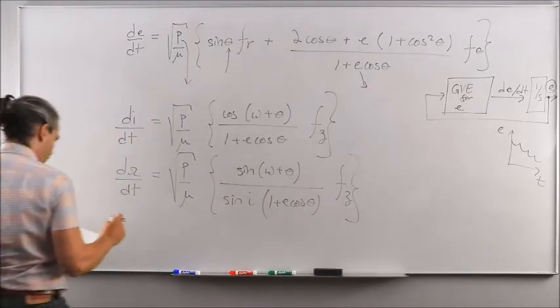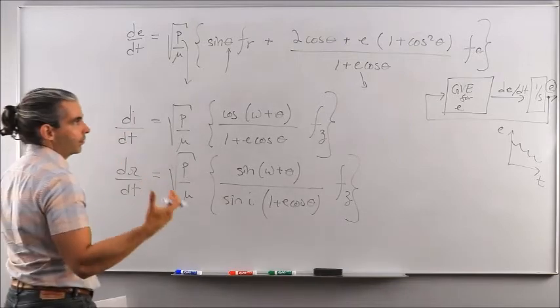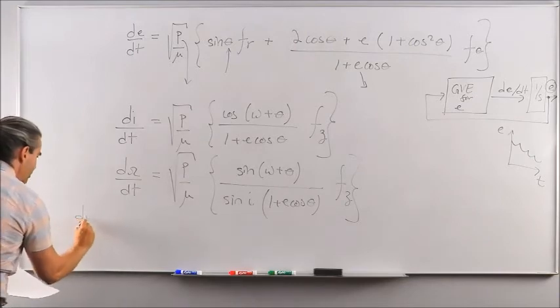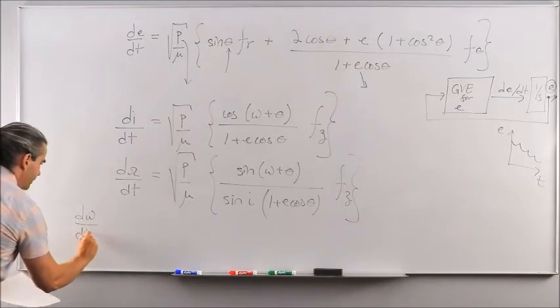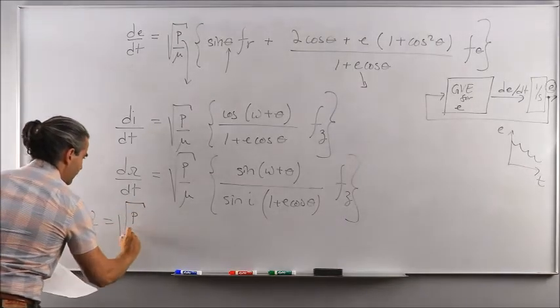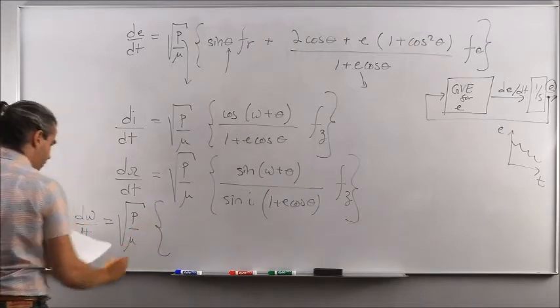And finally, the only orbital element that depends on all x, y, z components of the perturbing acceleration is the argument of perigee. This is d omega dt equal to the square root of P over mu, open a big bracket.